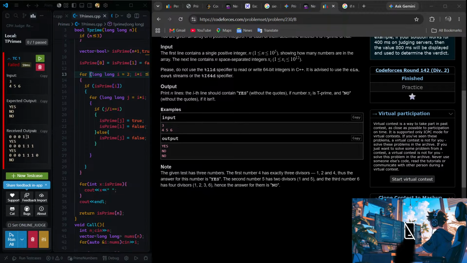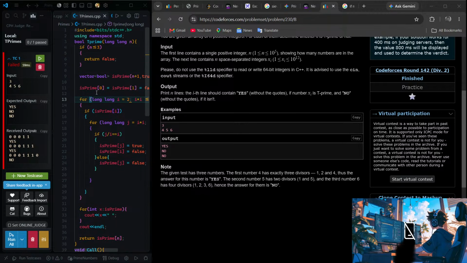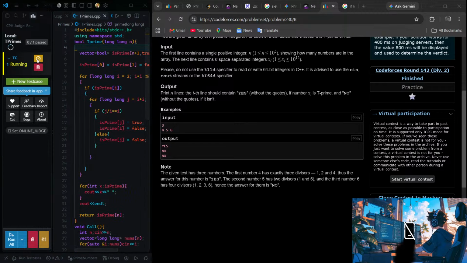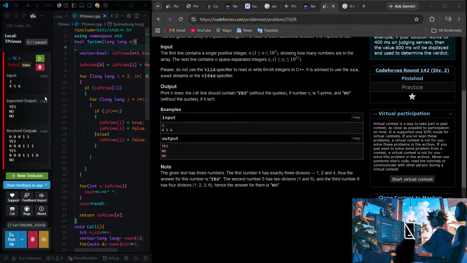What I will do here is see that 0 is not a prime number, 1 is not a prime number, 2 is a prime number. So basically, I don't have to check for this. I know that 2 is a prime number.